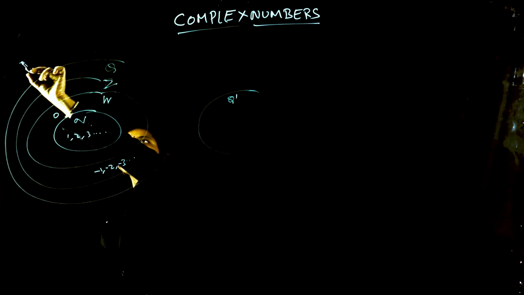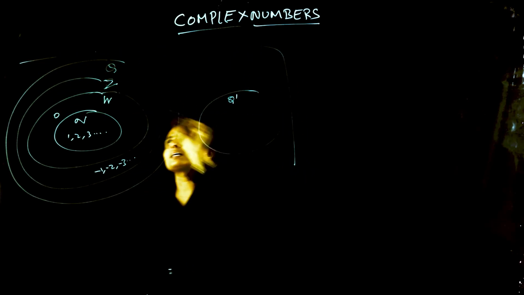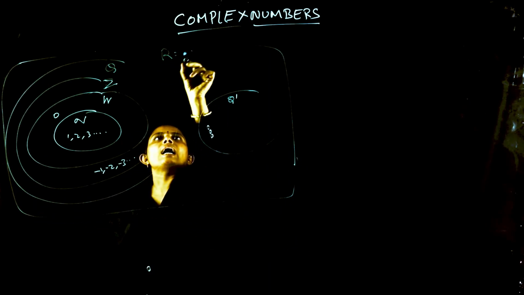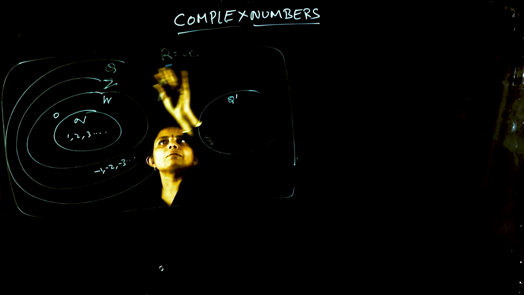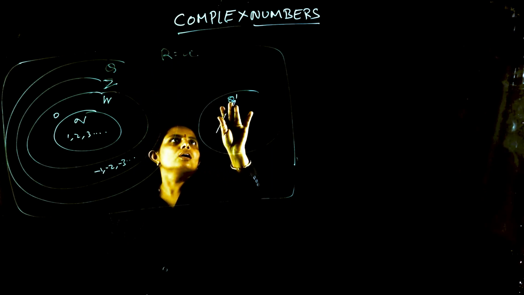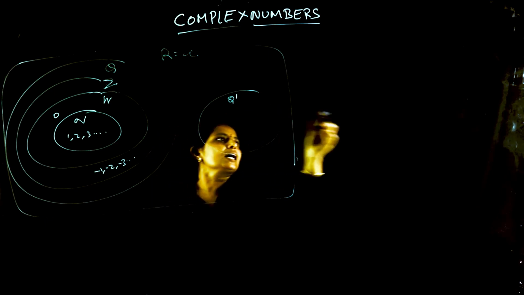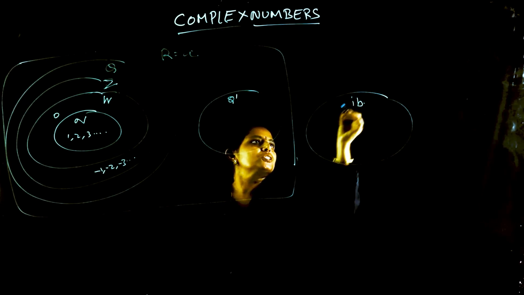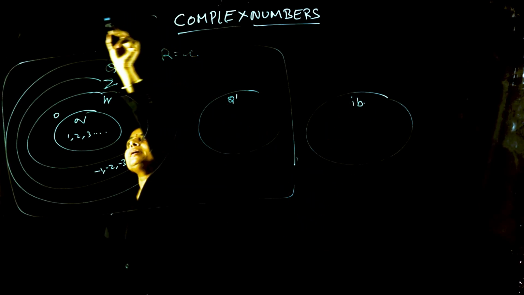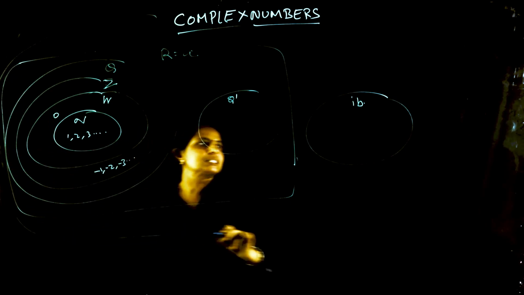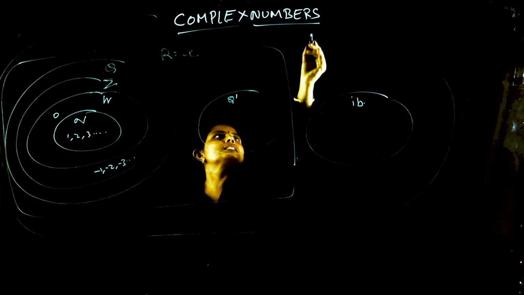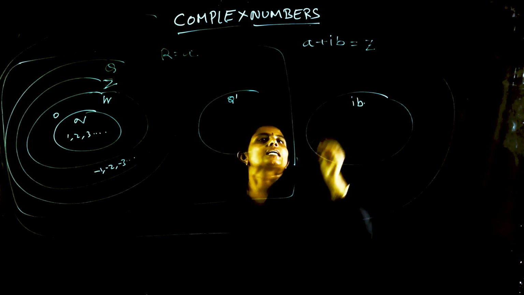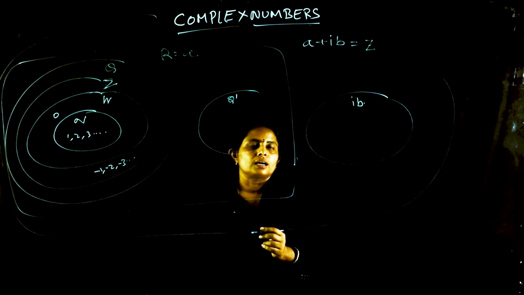Now, combining all these, we have a number system called the real number system R. A is some number, it may be rational or irrational. And we have one more number system, which is called the purely imaginary number system. The combination of this real system and imaginary system, that is a plus ib, is called a complex number.